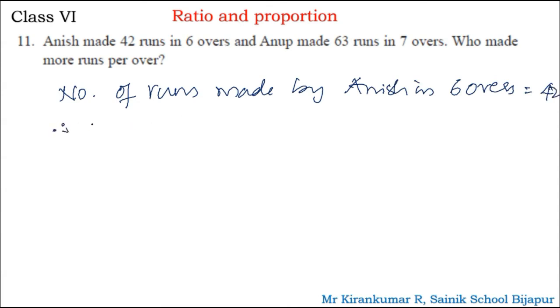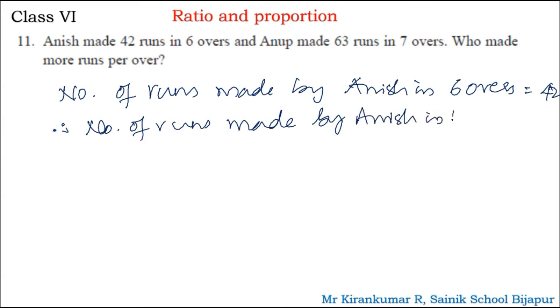Therefore, we can find out the number of runs made by Anish in 1 over. We can find it is 42 upon 6, which is 7 runs. It's 7 runs per over.